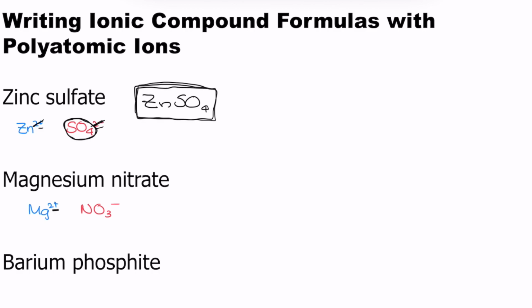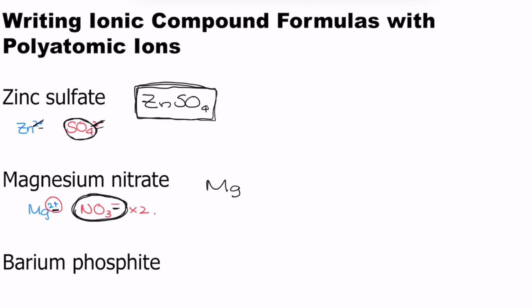A 2+ charge to balance with a -1 charge means I need double the amount of nitrate. And remember, this whole thing is a -1 charge. So I need to tell myself that there needs to be 2 of these to balance the 2 positive of magnesium. So regardless, I still only need 1 magnesium, and I need double the amount of NO3.